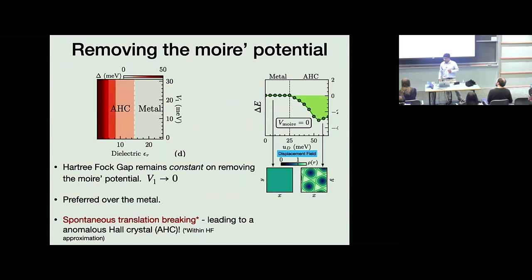Do you expect the same physics if there is no Moiré potential, if it's at a large angle? That's a very good question. We'll get to that. In this simple picture, this is a Hartree-Fock approximation, which overestimates the order. If you believe this holds all the way, then even in the absence of a potential, you should get this physics, but there's always disorder.